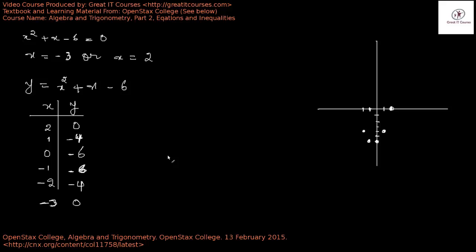So at minus 3 the y value is 0. So this would be another point, and then this would be the graph of this function, something like this. It's not easy to draw, but I'll do my best.